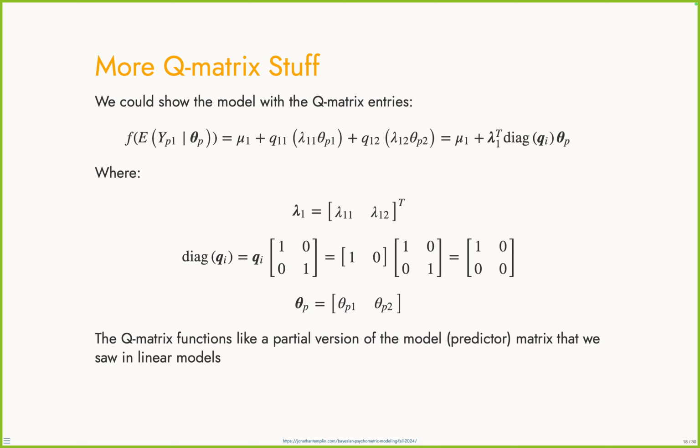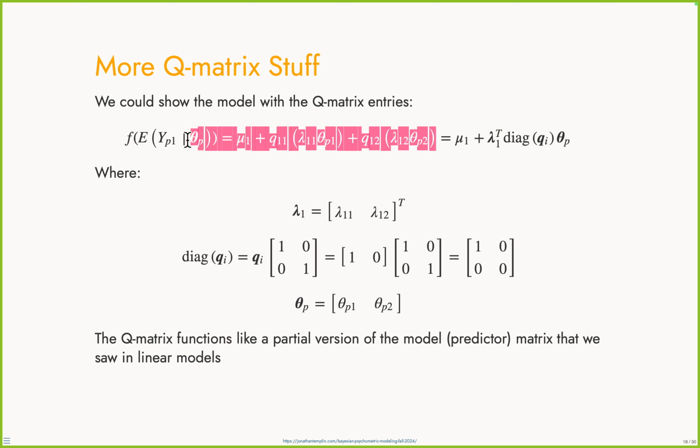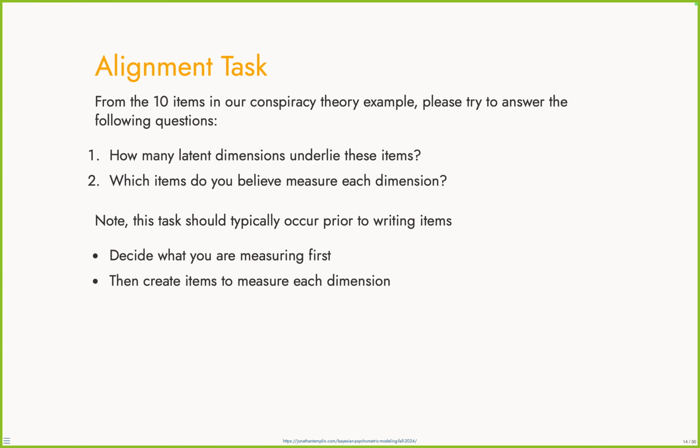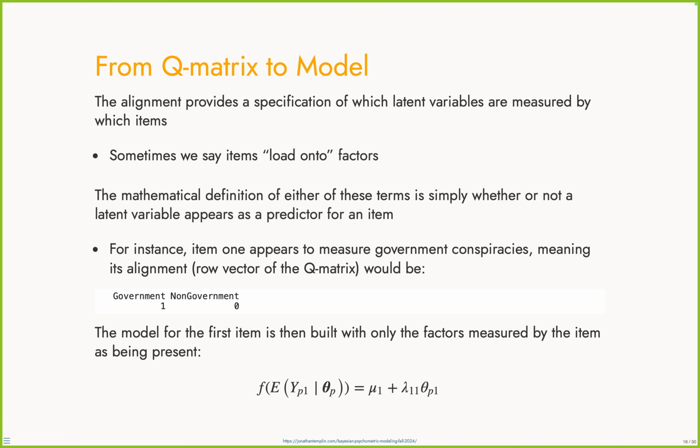All right. We could actually put this into matrix algebra and make a model quickly. And this is where I was talking about before. If we look at our model equation right here, and we think of our Q matrix, Q11 would be the element for item 1 and factor 1. And if I go back here, Q11 is a 1.